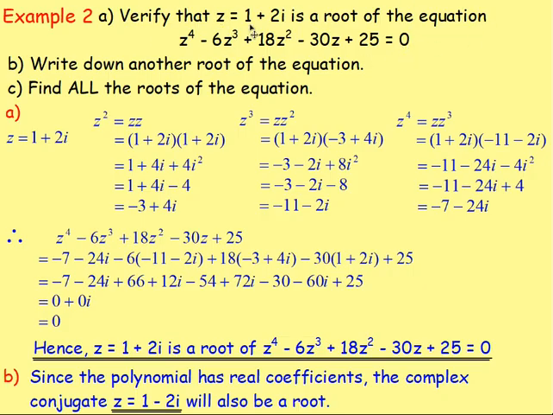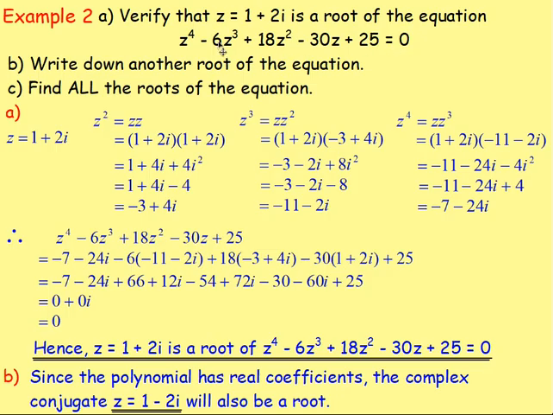We can verify that a complex number is a root by working out the value of z and z squared, z cubed, and z to the power of 4. So we'd work all of them out and then sub them into this equation. If we sub them in, what we should end up with is 0, because we're told that the left-hand side equals 0. So if we end up with that, then it means that z equals 1 plus 2i is going to be a root, which it is in this one.